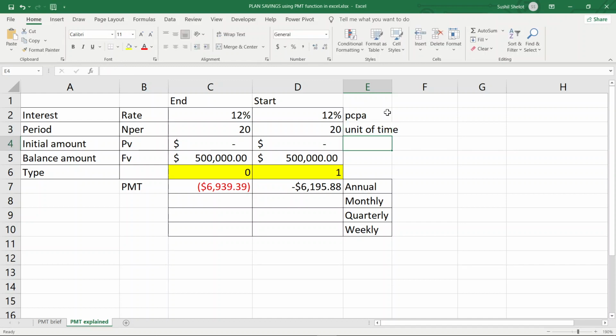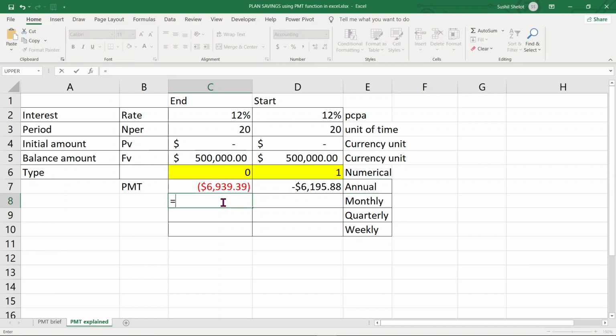The next thing is in currency. Same thing, currency unit, and this is just numerical. So I have also written the units of all these values so that it becomes easy for you to understand why I am either multiplying or dividing by some value.